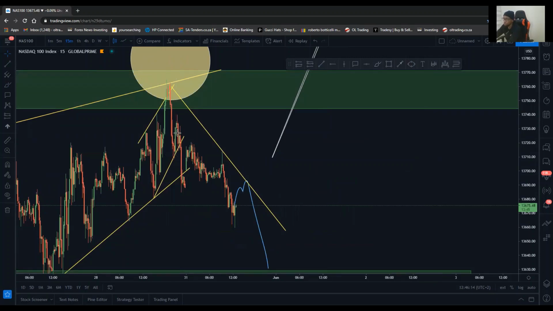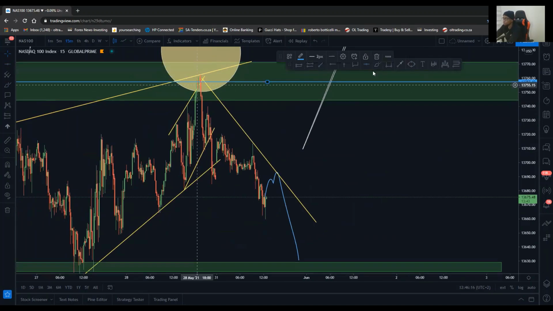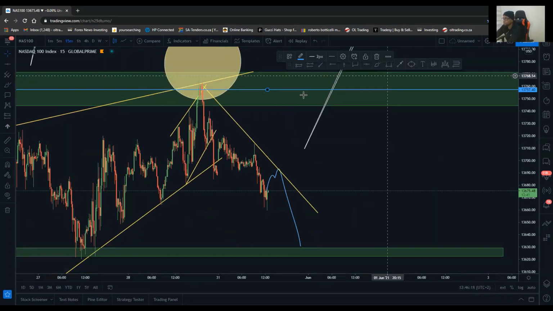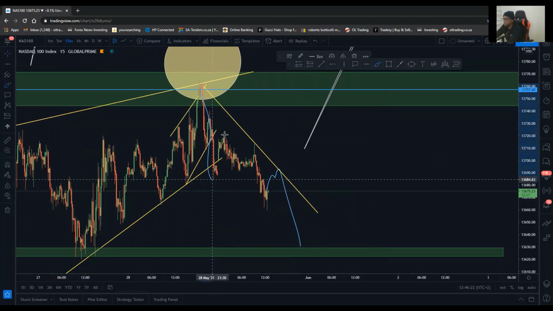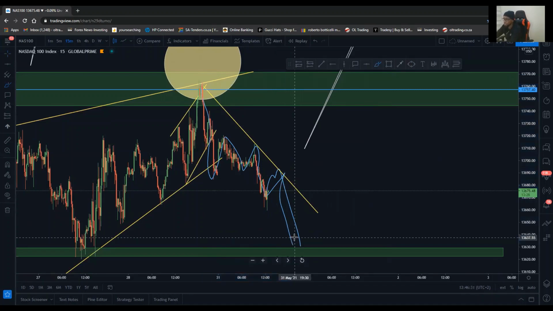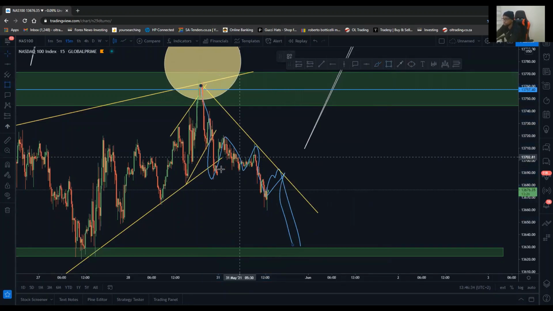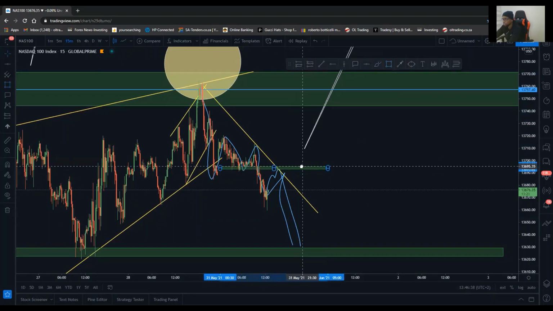You can see we are having price come here, price come here, and then bounce. So it's possible it can bounce here and go down, you understand? Hence I have this around here.